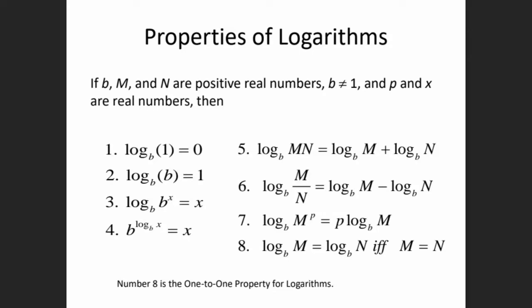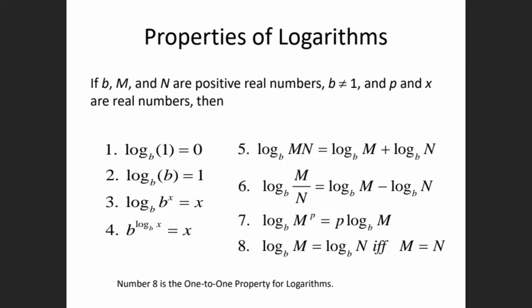Inversely, if I have a log that has a base and the inputs are being divided with each other, I can expand or separate them into two logs by subtracting the logs: the log of base b of m minus the log of base b of n. Again, this represents my exponents. If I have exponents that are being divided and they have the same base, I would subtract the exponents, right?